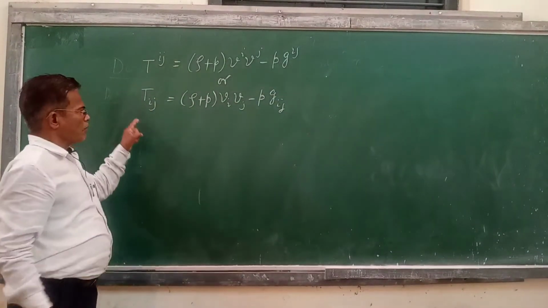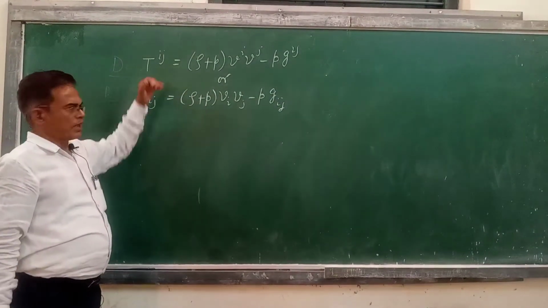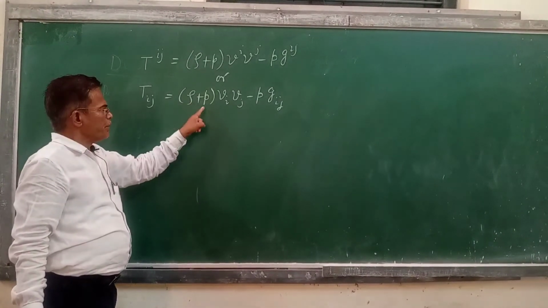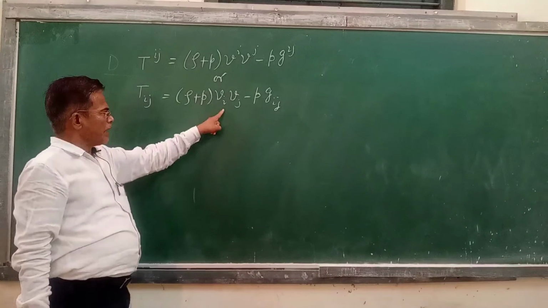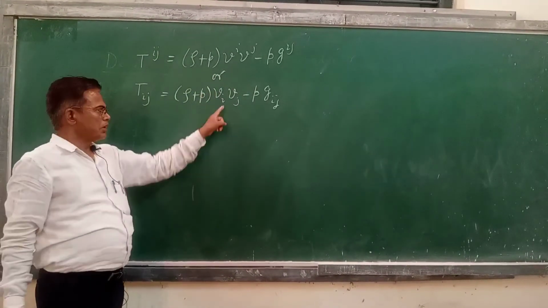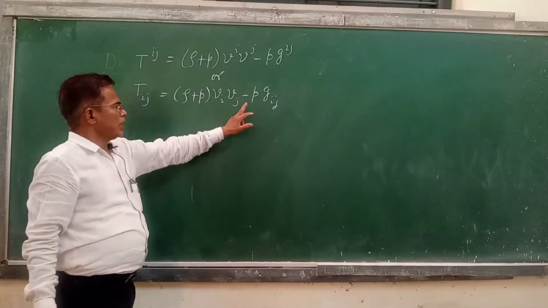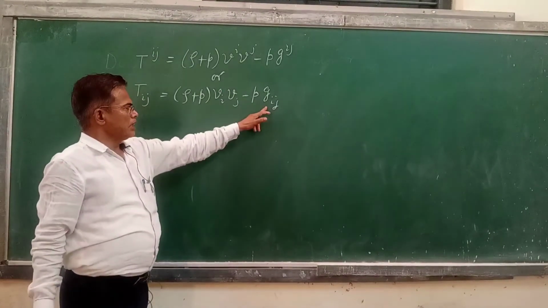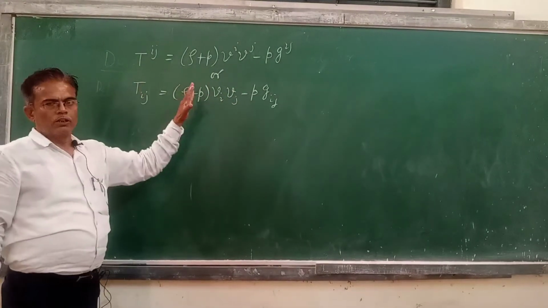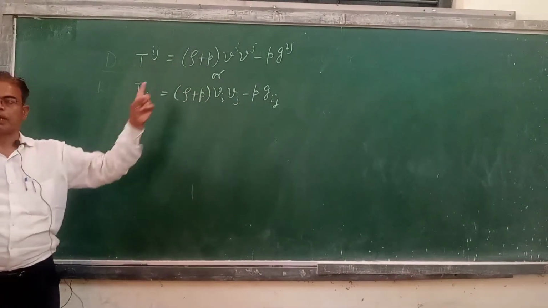This is the formula of the energy momentum tensor. What is rho? Rho is the matter density, p is pressure, v^i is the unit flow vector, meaning dx^i upon ds, and this is dx^j upon ds. Here p is pressure, g_ij is the fundamental metric tensor. So this is the formula, and I want to derive this formula.